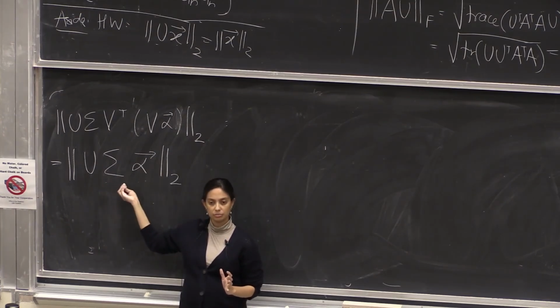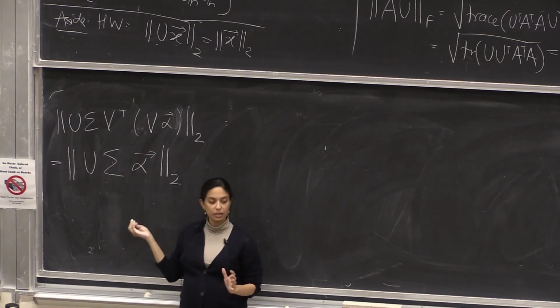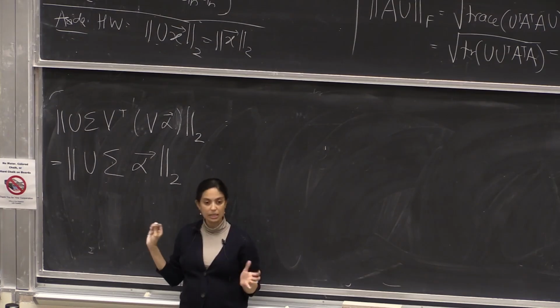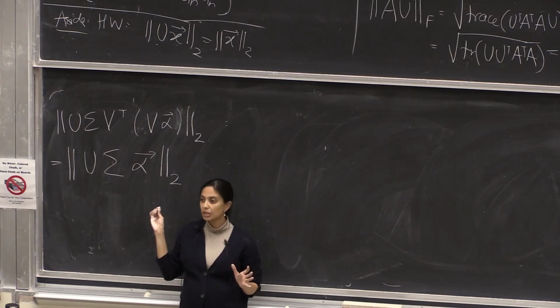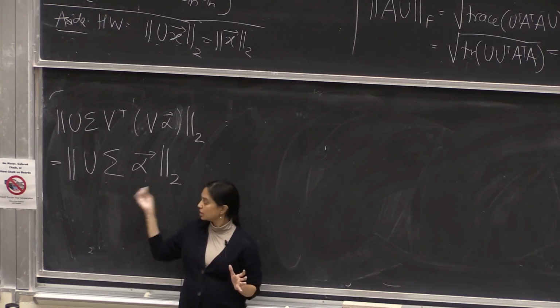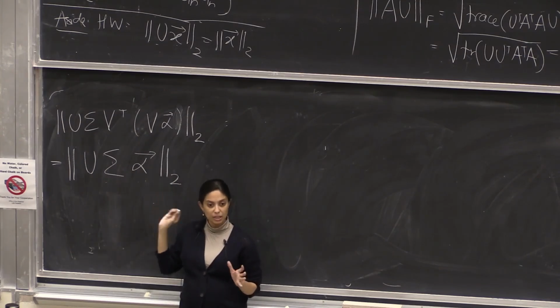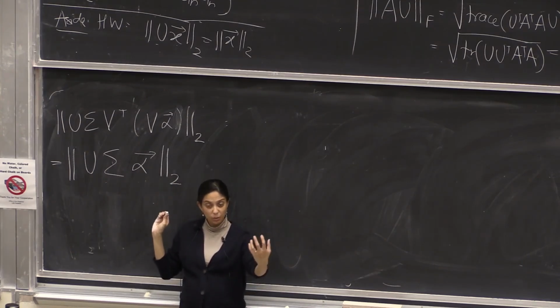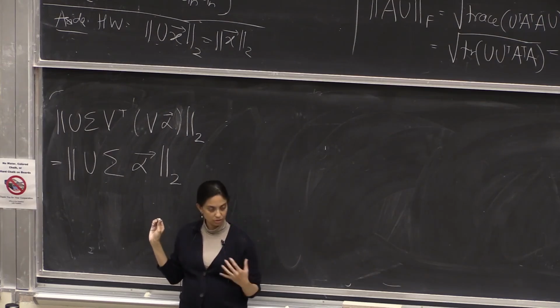Sigma conveniently has many, many zeros in it, right? So sigma times alpha is, in a sense, easy to compute. What do I want this thing to be equal to? What's my desired thing? Sigma k plus 1, right? So I want to somehow pull out this sigma k plus 1.